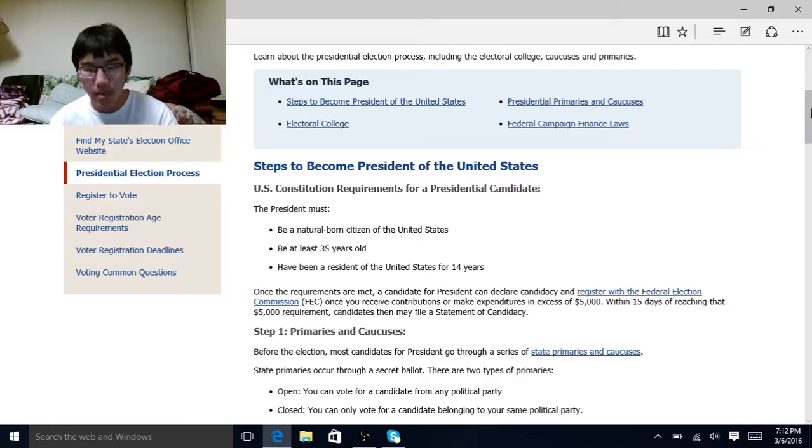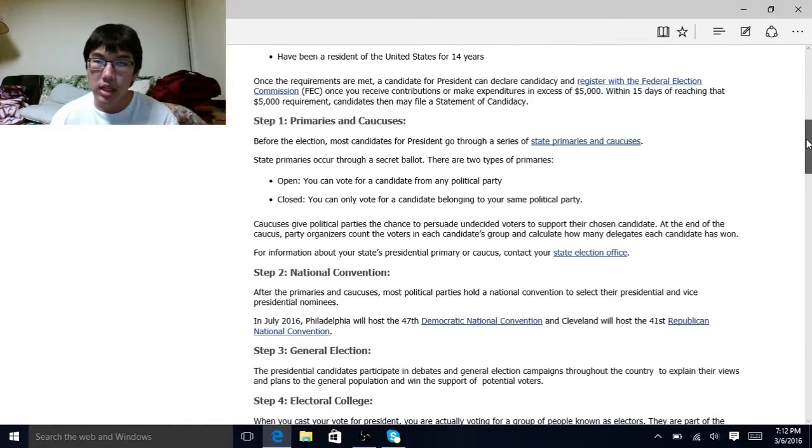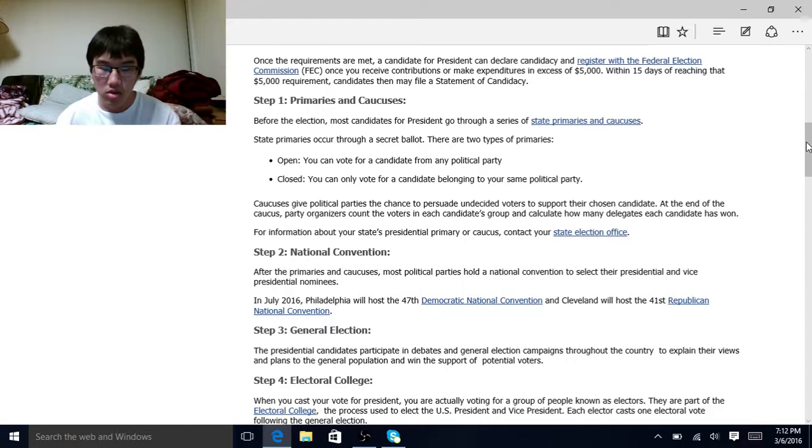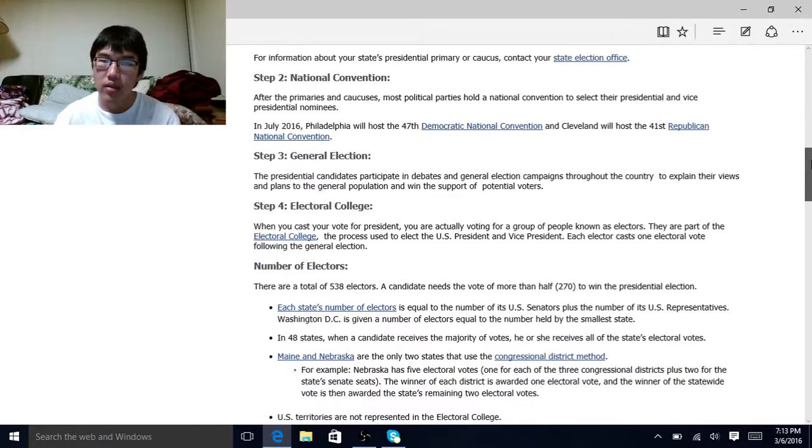So, what I'm learning from this is people become candidates if they want to become president of the United States. Then they go through these primaries to see who the party wants to become the president and vice president nominees. Then political parties choose who their presidential and vice presidential nominees are.